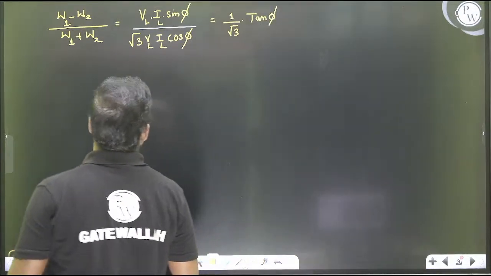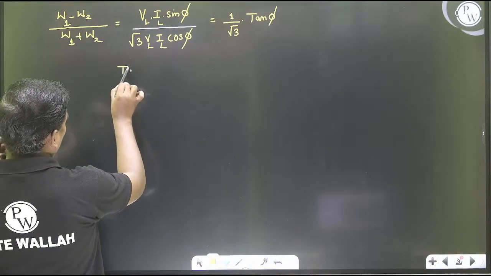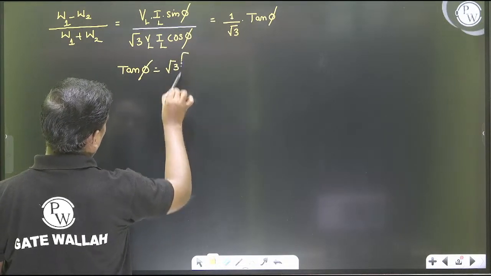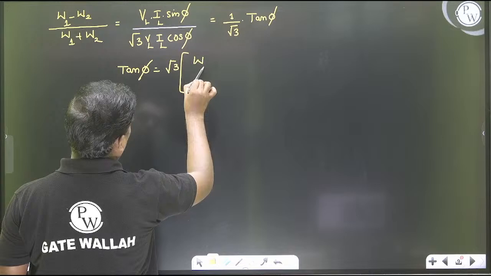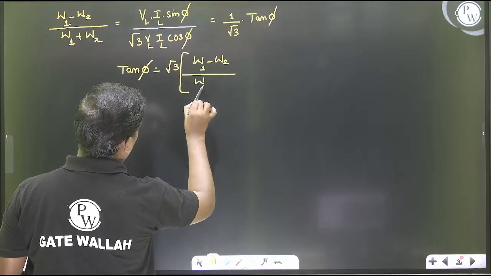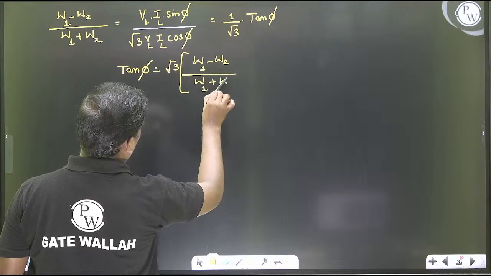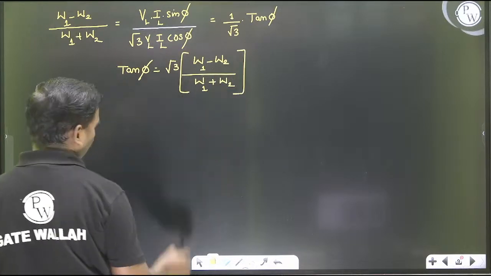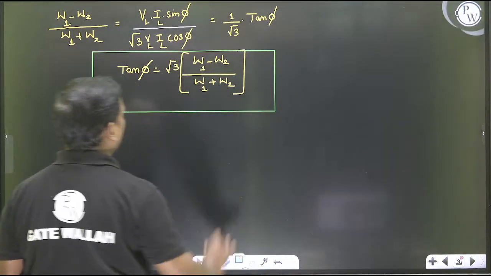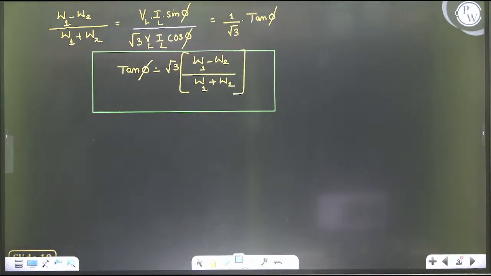Okay, so tan phi is equal to √3 into W1 minus W2 divided by W1 plus W2. This is the expression for power factor.